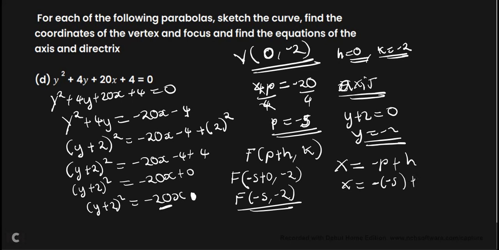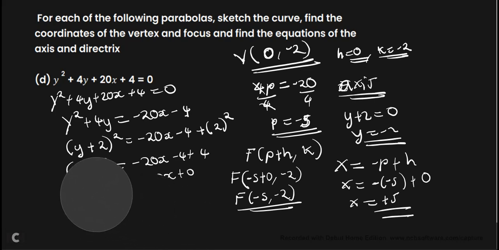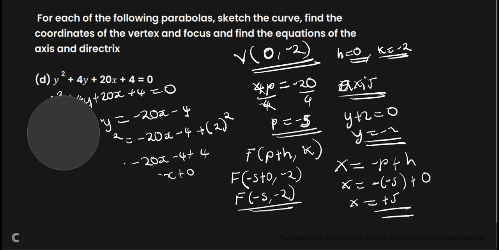Your h was 0, meaning that it will be x equal to positive 5. So we have everything that we require to come up with the graph, right? Now let's draw the graph and see how it will move.